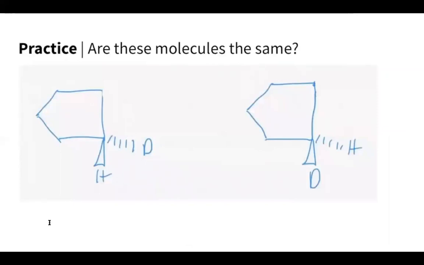So first thing here is going to be, are these molecules the same? So this here is going to be D for deuterium. If you remember from Gen Chem, and this isn't so important, deuterium, D, is just an isotope of hydrogen.